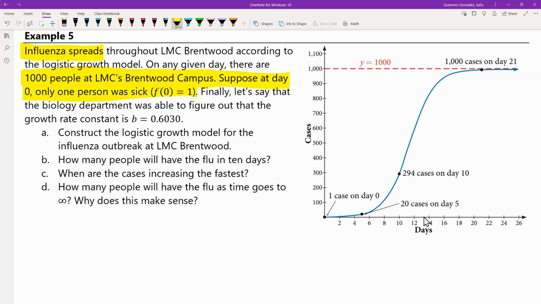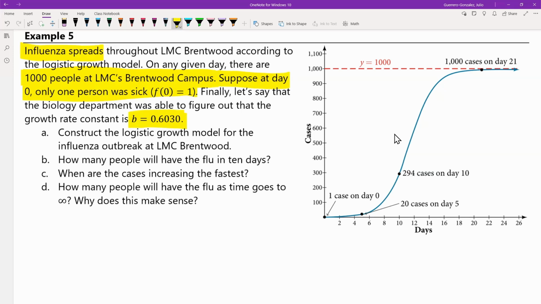So that means one person is going to show up to the Brentwood campus, and from that one person, everybody's going to get sick. Our biology department figures out that the logistic growth rate for influenza, for the flu, is going to be B equals 0.6030.